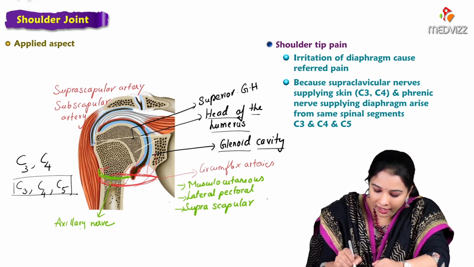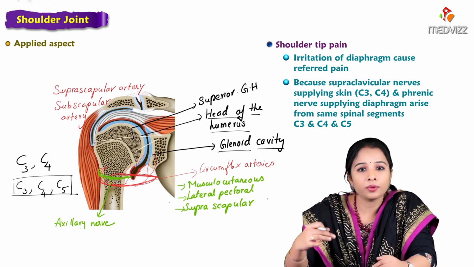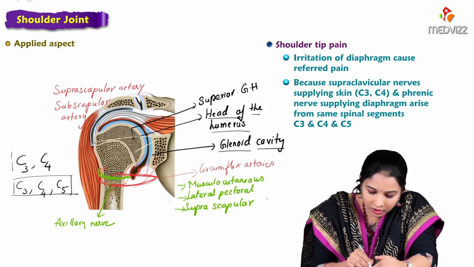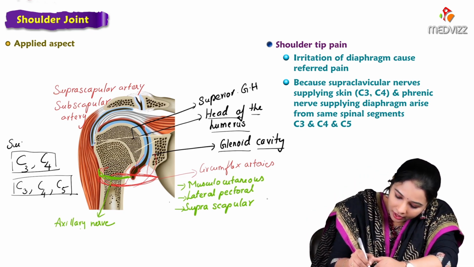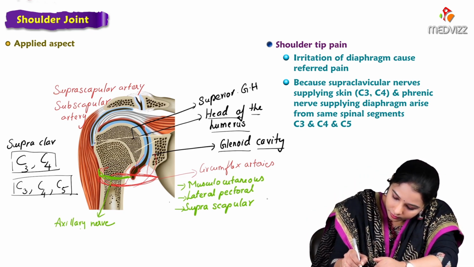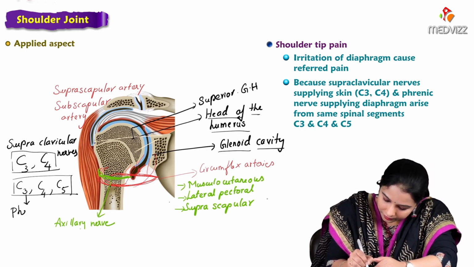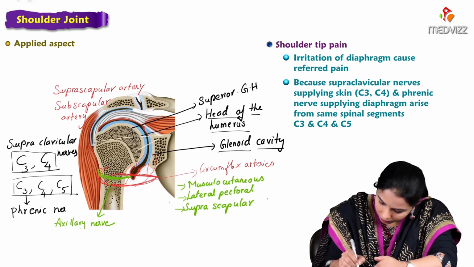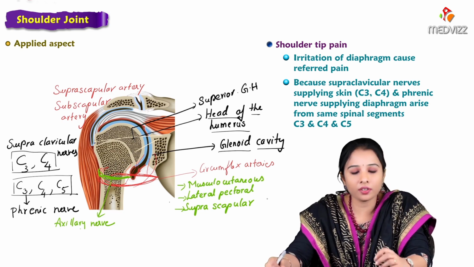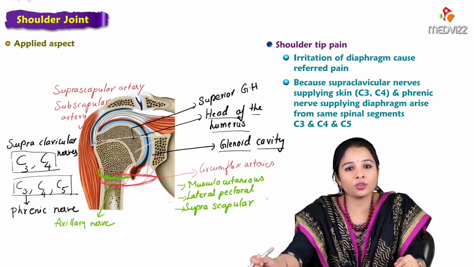So with irritation of the diaphragm, the pain will be referred to the tip of the shoulder because the same root value nerves are supplying the tip of the shoulder via the supraclavicular nerves. And this is the phrenic nerve. This is the root value of the phrenic nerve. So that is a very important clinical aspect associated with the shoulder joint.